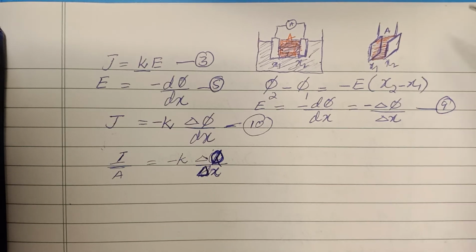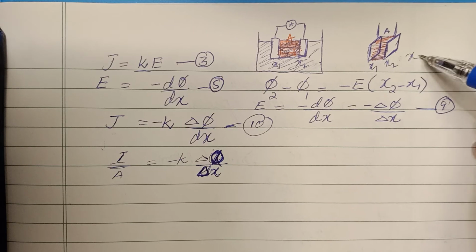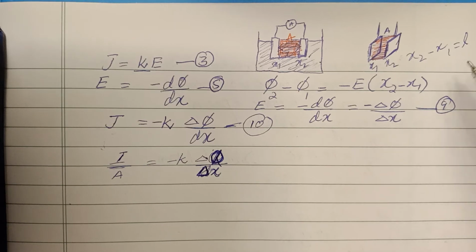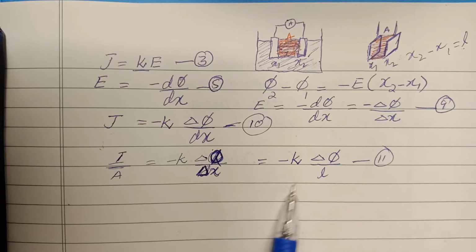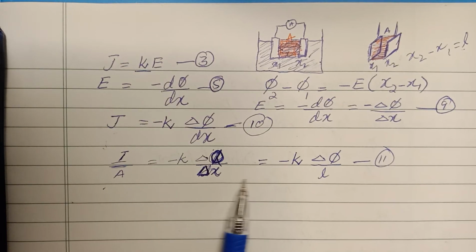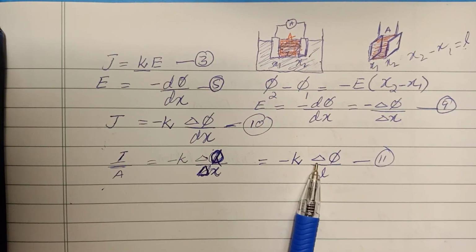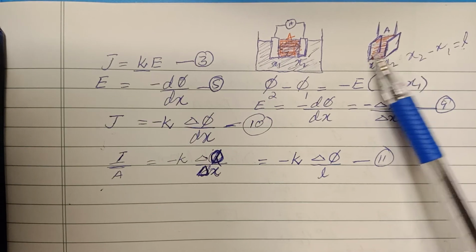Let's consider the distance between these two electrodes, x2 minus x1, is equal to L, where L is the length of the conductive solution. So we get equation 11, which is the current per unit area that is dependent on the electrical potential difference between these two electrodes.